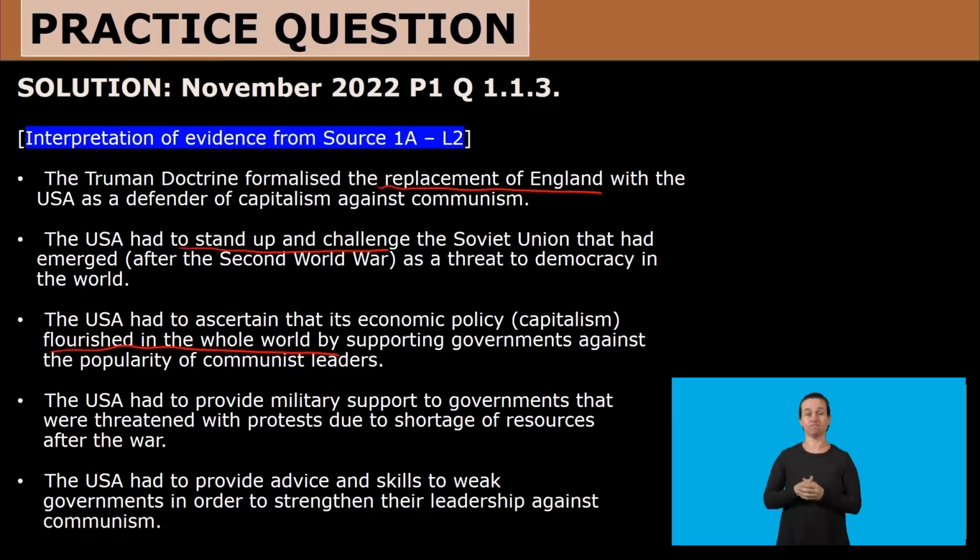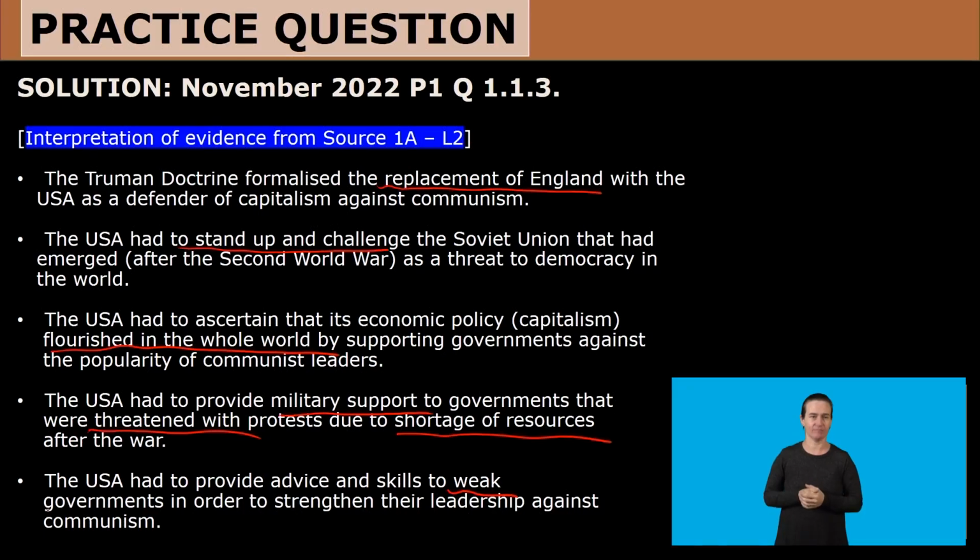The United States had to provide military support to governments that were threatened with the protests due to the shortage of resources. So that shortage of resources is also important after the war. The United States had to provide advice and skills to weak governments.